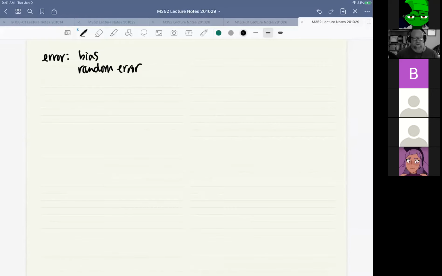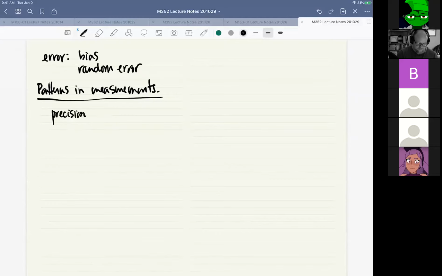So let's talk more about measurements. There are two types of patterns in measurements that statisticians like to talk about. One pattern is called precision, and another pattern is called accuracy. To a lot of people who haven't thought much about data, haven't thought about statistics, these two words are synonymous, precision and accuracy. But from this day forward, with you, these two words have a very different meaning.